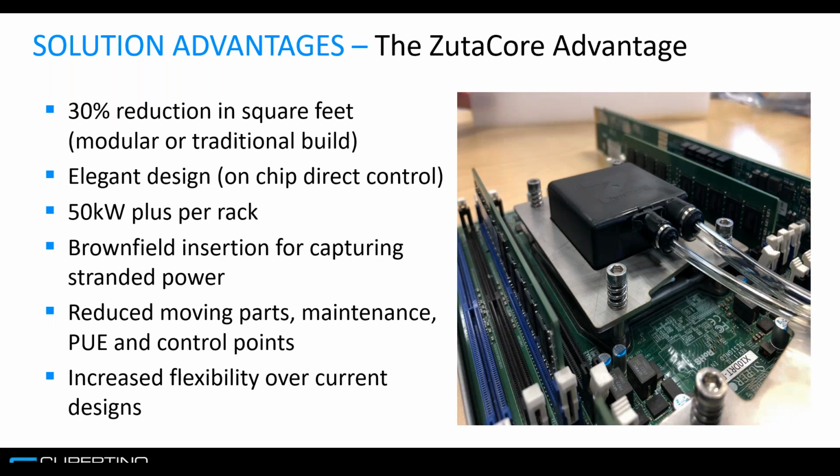So the advantages of Zuta-Core is, as I already mentioned, the reduction of square feet, the elegance of the design with the chip direct control, the capabilities of up to 50 kW per rack, and then the brownfield insertion for capturing stranded power, which is important to us from a perspective of a number of clients have older data centers in which the HVAC systems are at max, but yet they have stranded power and they want to increase capacity in those existing data centers.